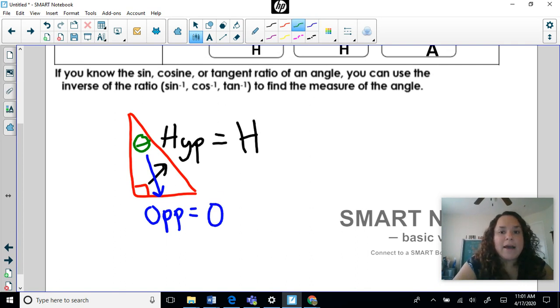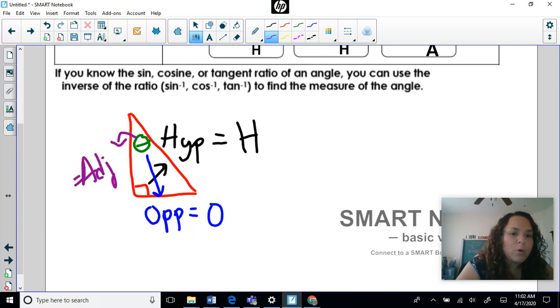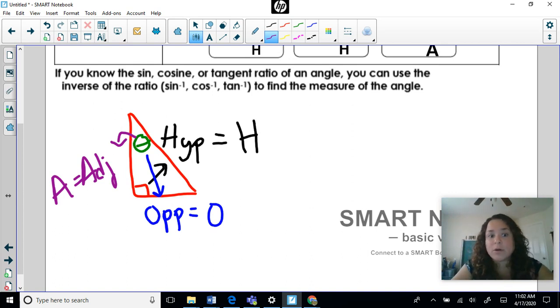And when we have the angle and a side length next to the angle, we call that the adjacent side, abbreviated ADJ, or just plainly using the letter A.